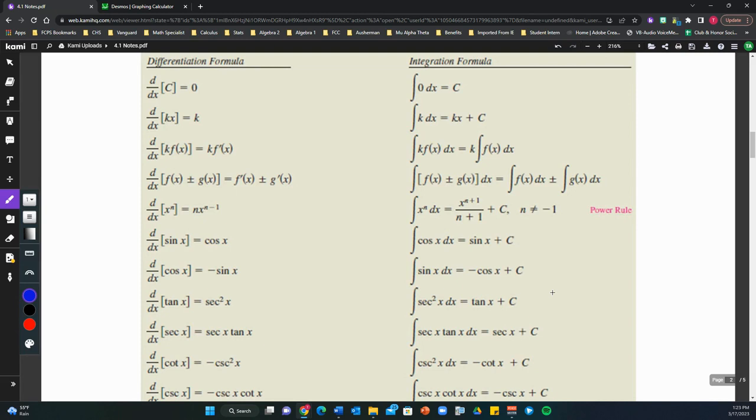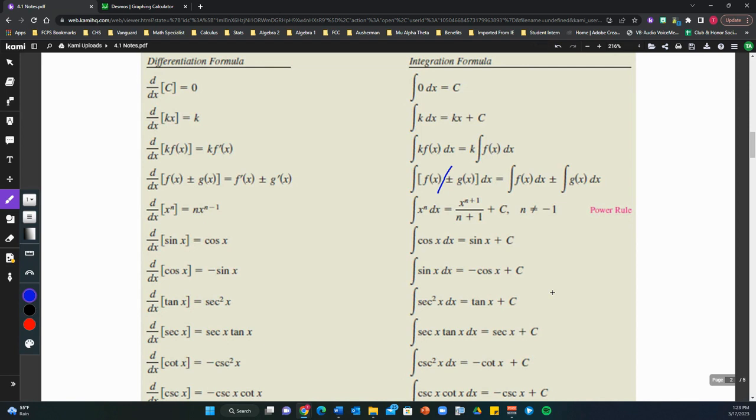So this is that scalar multiple rule. And then the sum and difference rule: remember, if we have multiple terms, we take the derivative of each independently. That is the same for integrals. We can take the integral of a sum or a difference and break it up and integrate each individual term. It operates just like the same process that we used for derivatives.